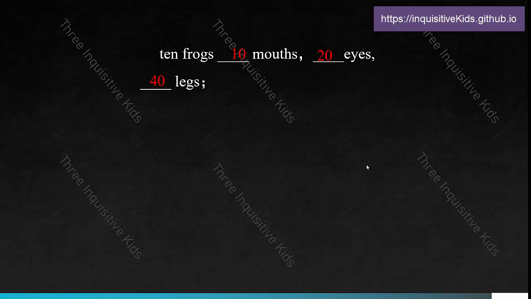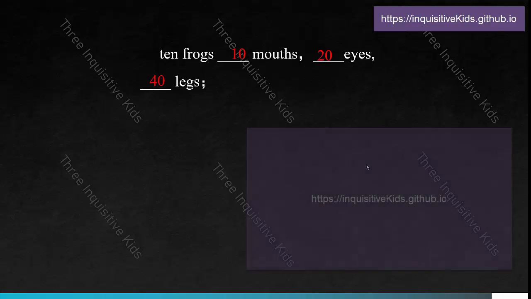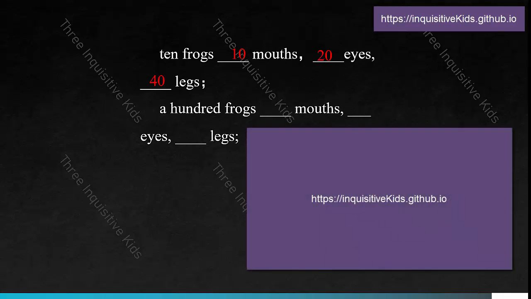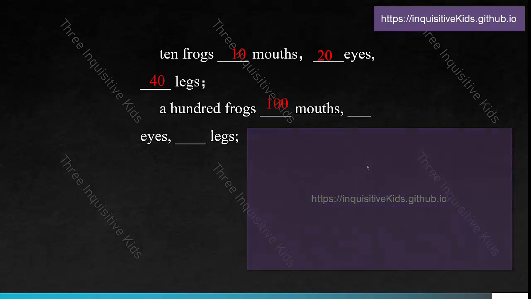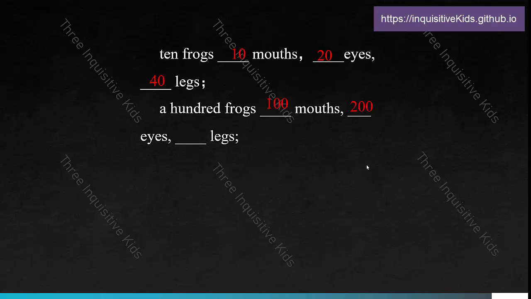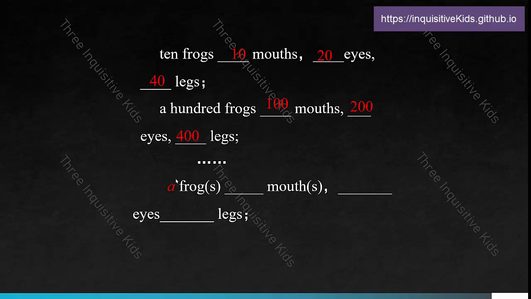According to the pattern that you found, there's going to be 10 mouths, 20 eyes, and 40 legs. Then there's 100 frogs. We're going to have 100 mouths, 200 eyes, and 400 legs. So it keeps going on.